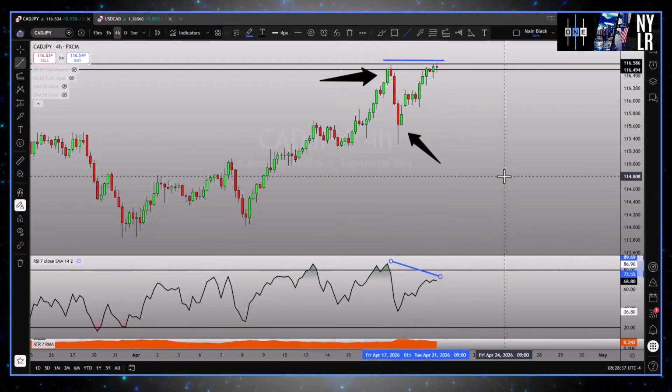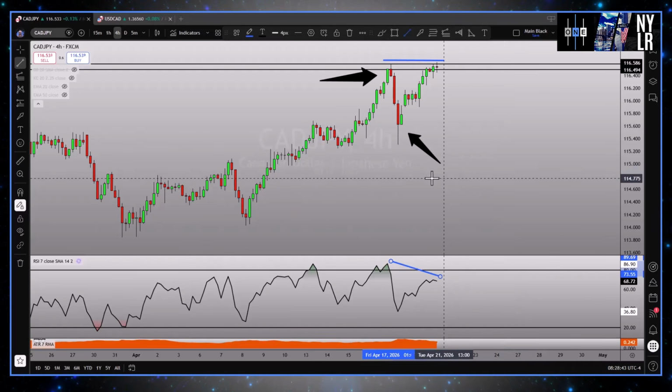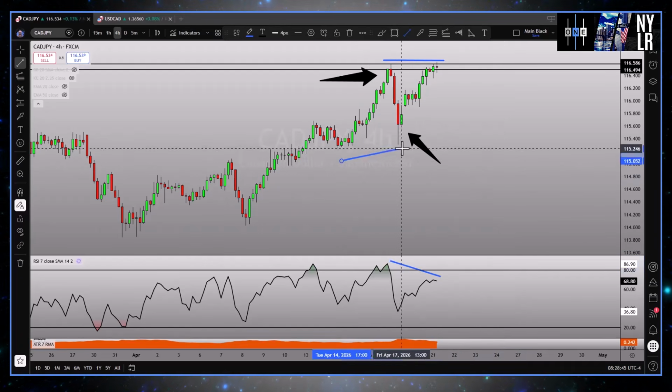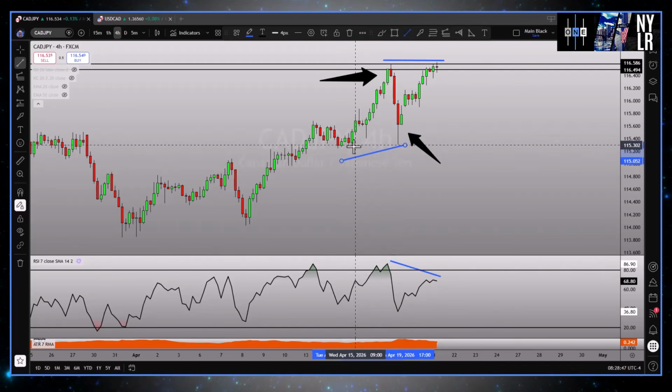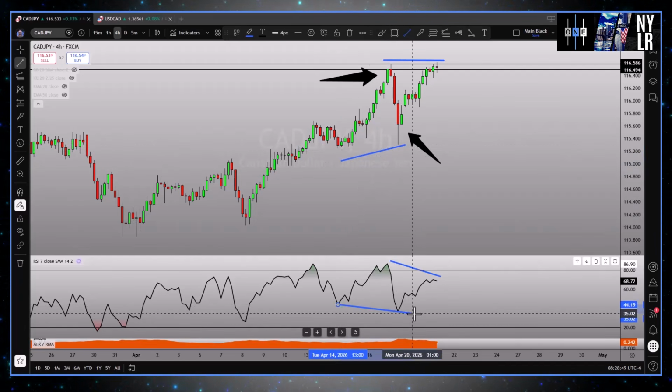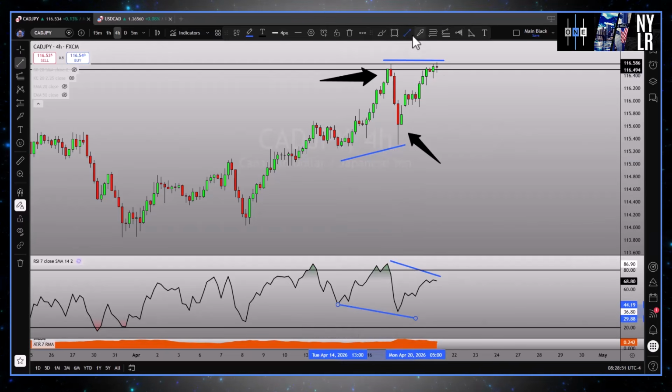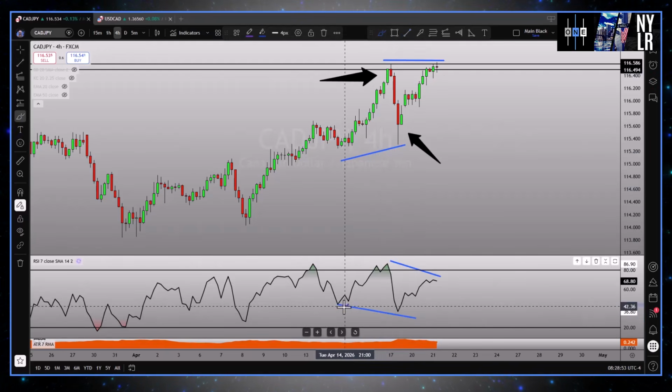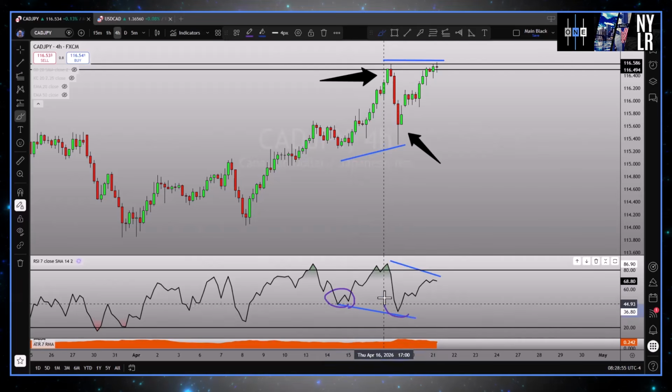Now, this is the interesting thing. This is where you can start getting false signals and really confusing yourself, where you're like, okay, but wait a minute, we've got higher lows here, and oh my gosh, what is this called at the bottom?